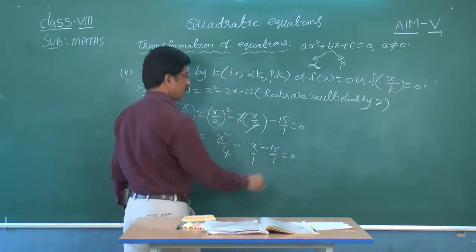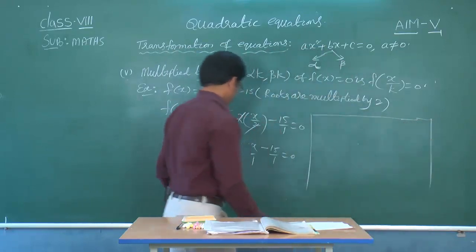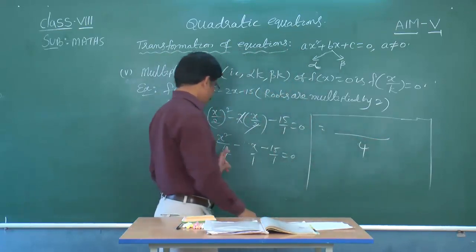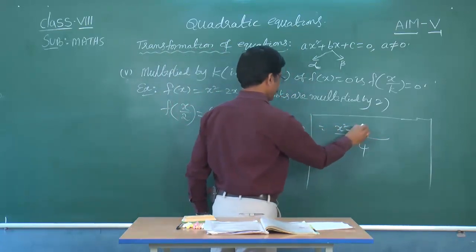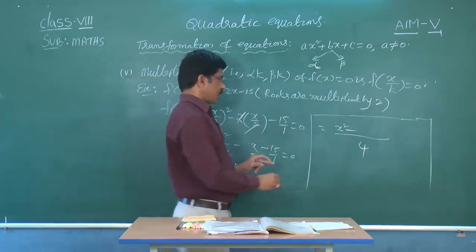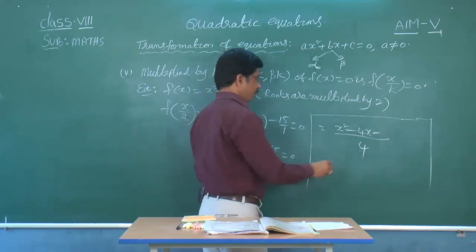Take the LCM, 4. x square, 1 into 4, 4x, 1 into 4, 4 into 15, 60.